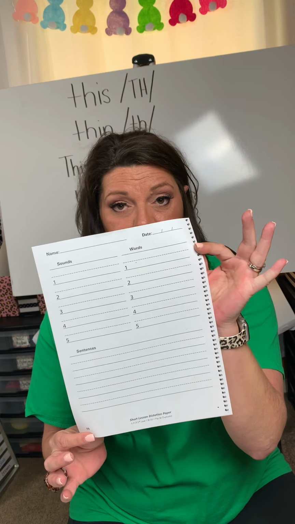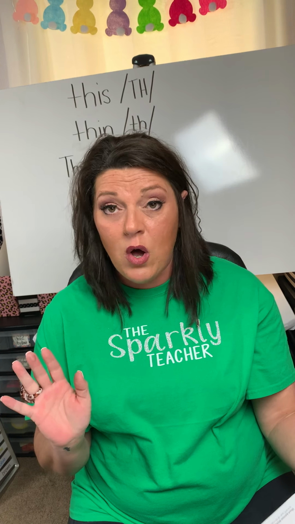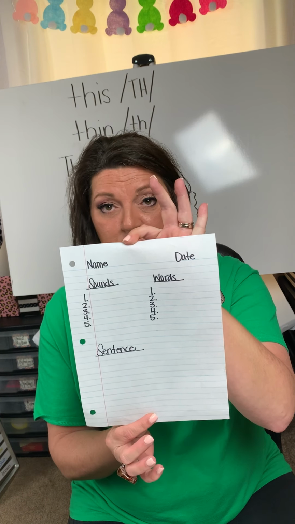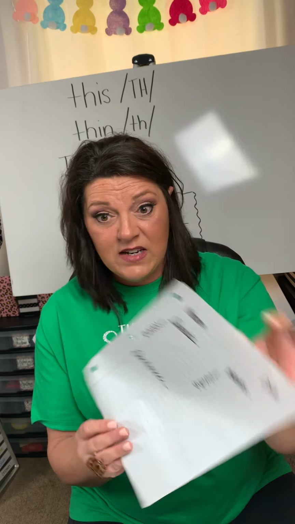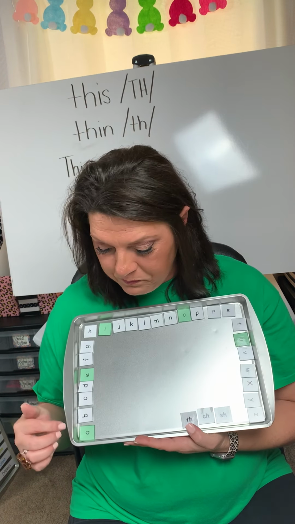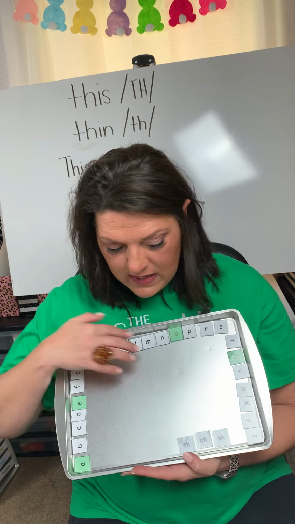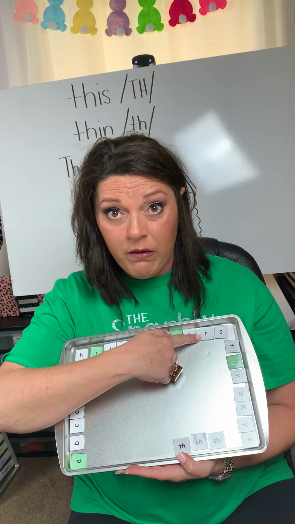Should be a sheet of dictation paper, so you will need that. If you have happened to already use that, it's no problem at all. Just set up your sheet of paper just like we did before spring break. But you will need your dictation paper, and you will also need your letter arc. Today you're going to need all of your letters A through Z. Remember, we don't have a Q on there, okay?